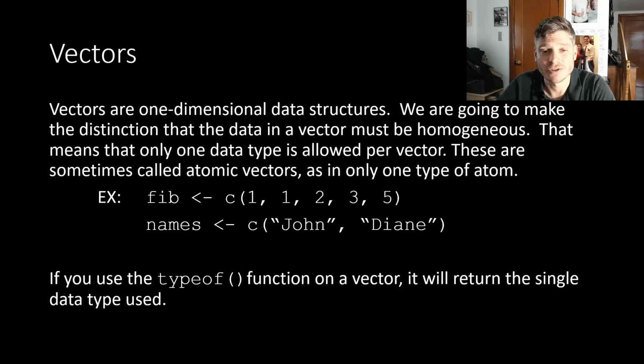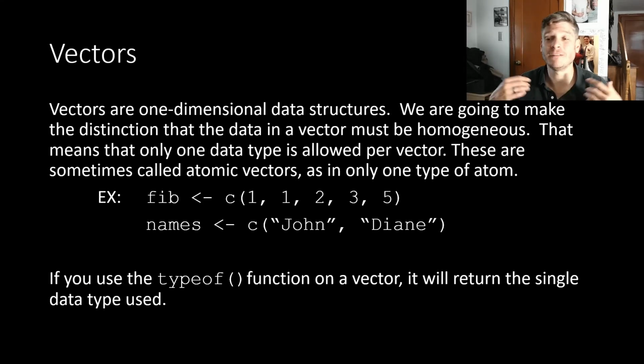And so vectors must only have one type of atom in them, and so they're referred to as atomic vectors. The nice part is, with our vectors, we store them by doing c and then parentheses around it. So I can store a vector of numbers like 1, 1, 2, 3, 5, or I can store a vector of characters like the names John and Diane. And when we store our vectors, we can use the type of function on the vector, and it's going to return the one single data type that is used.